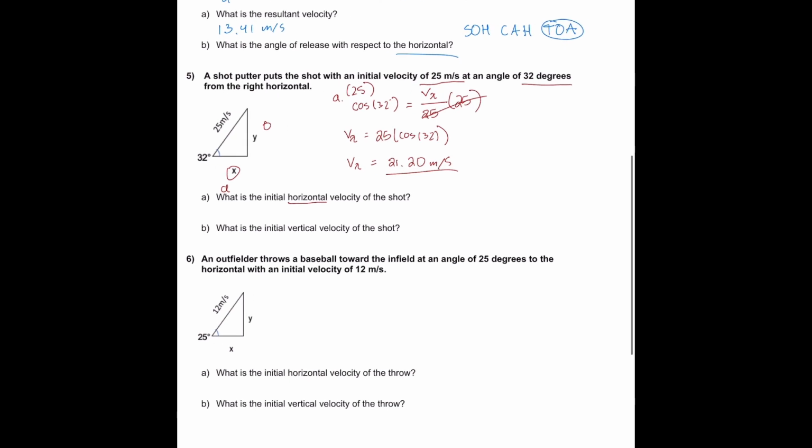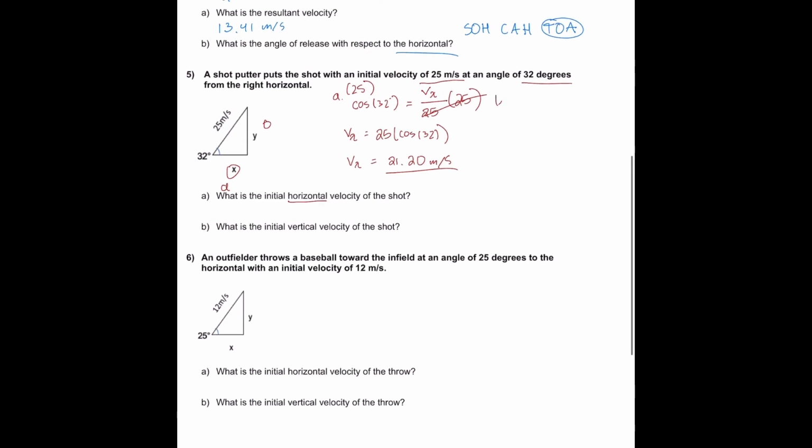Plugging that into the calculator, 25 times cosine of 32 degrees gives us a horizontal velocity of 21.20 meters per second. That is the initial horizontal velocity for part A.